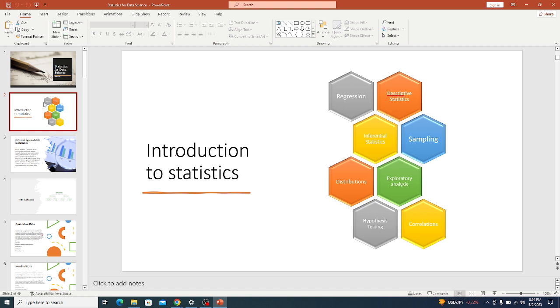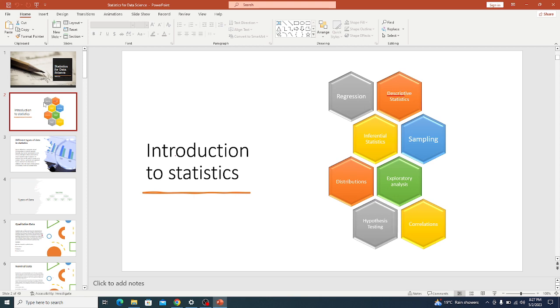We'll also talk about measures of asymmetry, where we'll discuss skewness and kurtosis. Majorly, those are some of the characteristics we can use to describe a data set.